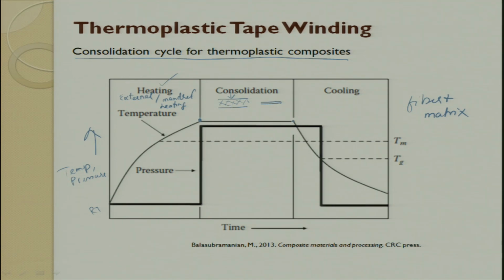Look at it, pretty interesting. The consolidation is over, but then why do we have to maintain pressure for a longer time? This question is answered like this: after you finish your consolidation, if you quickly remove it out, then there is a possibility that the material might trace back to their original state, that is, the shape they had, or there will be a distortion in your product dimension and geometry.